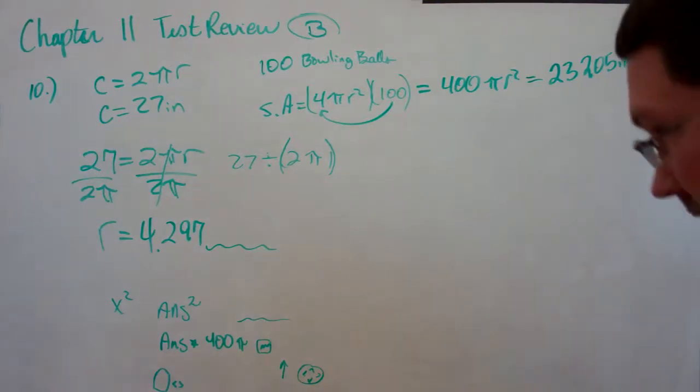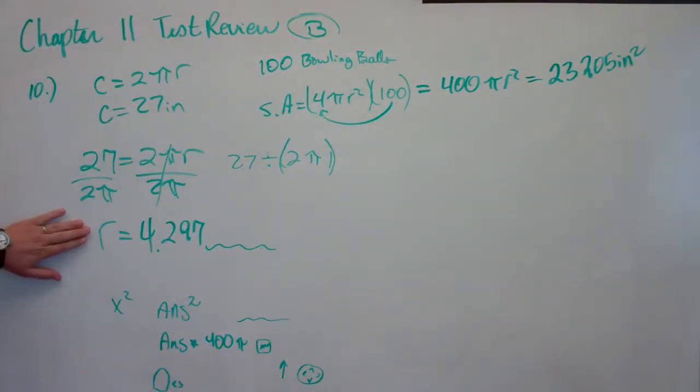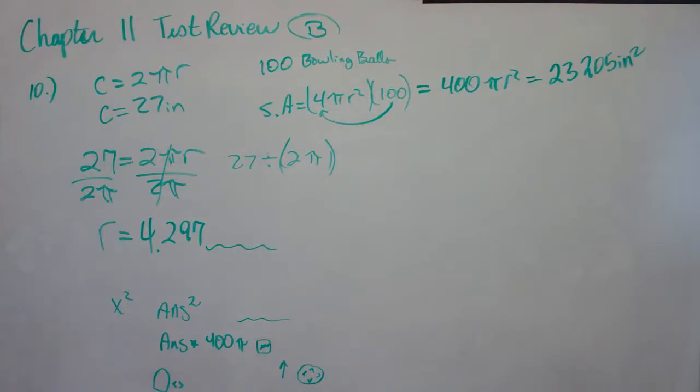Alright? But remember, this is the most important part. After you find your radius, don't just type back in 4.297 squared. Okay? After you do this, immediately hit that squared key. It's the x squared button. It'll come up answer squared, which means it's going to pull that whole decimal in. Alright? After you do that and you have that whole decimal, hit times 400 pi.